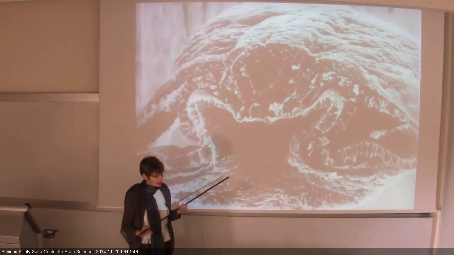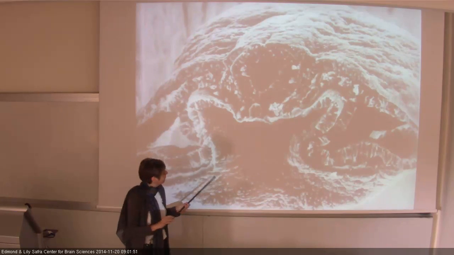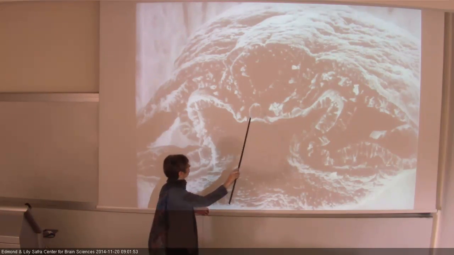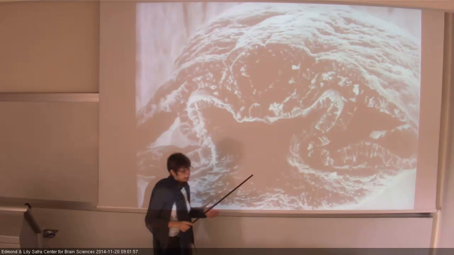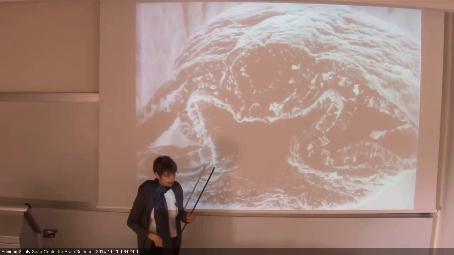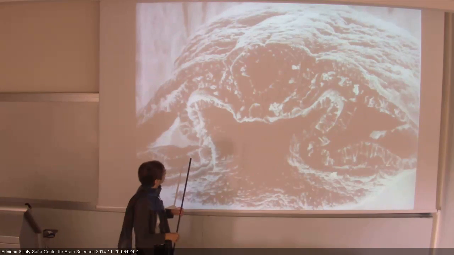Now, a structure which will become important in a few minutes, which I would like to remind you of, is the notochord, this rod of cells which spans most, but certainly not the entire length of the embryo.